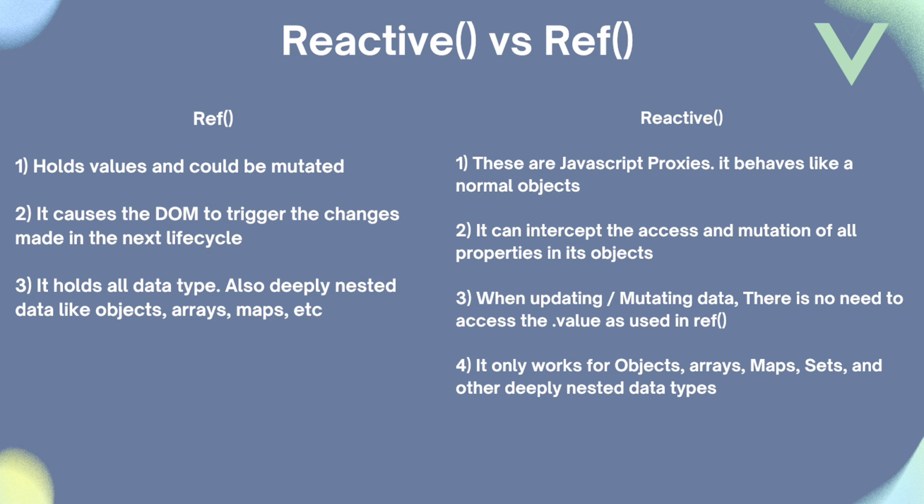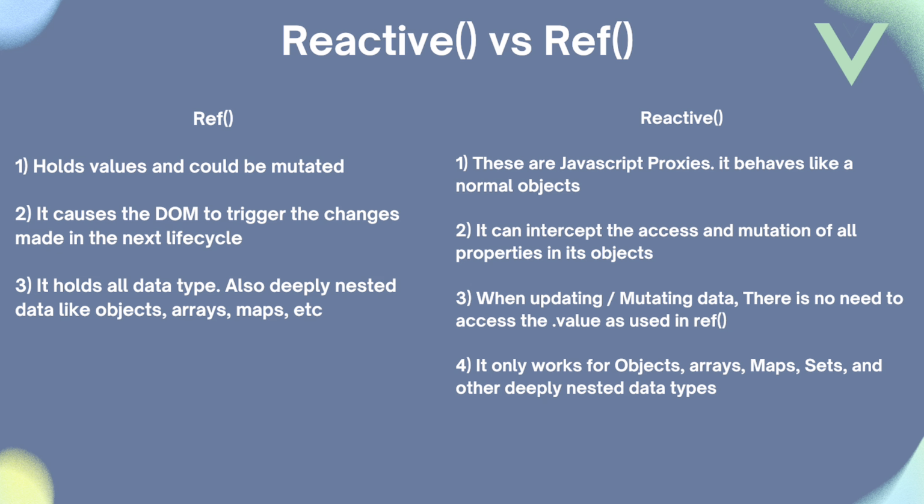Now, to the reactive side, the reactives are basically JavaScript object proxies. If you check the Vue documentation, you're going to see something like that. It behaves kind of like normal JavaScript, and its uniqueness is the fact that Vue is able to intercept the access and mutation of all properties.